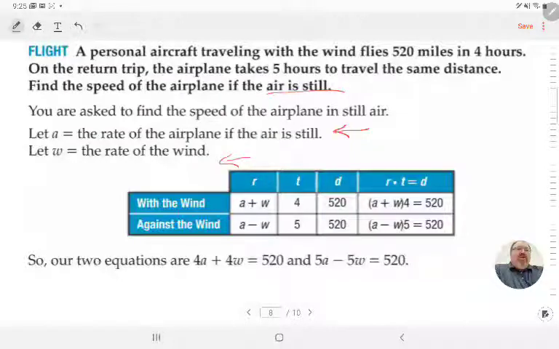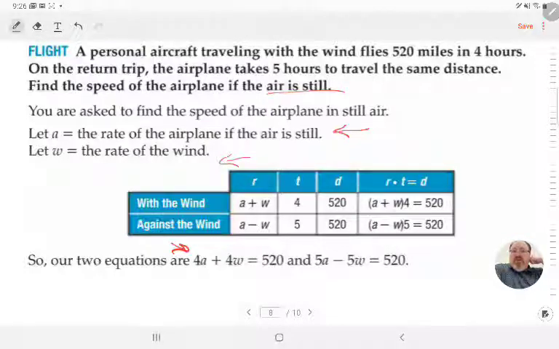And we know that it takes 4 hours to go 520 miles. Okay? Time and distance. So we could set up an equation for that. We could say A plus W times 4 equals 520, or 4A plus 4W equals 520.